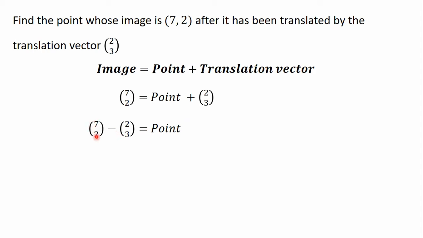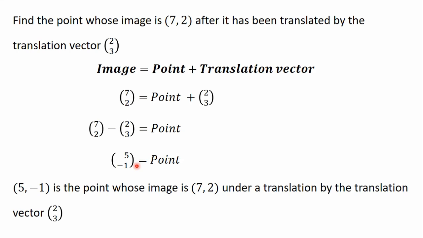We have 7, 2 minus 2, 3, and this will give us the point. 7 minus 2 is 5. 2 minus 3 is minus 1. So the point is 5, minus 1. So 5, minus 1 is the point whose image is 7, 2 under a translation by the translation vector 2, 3.